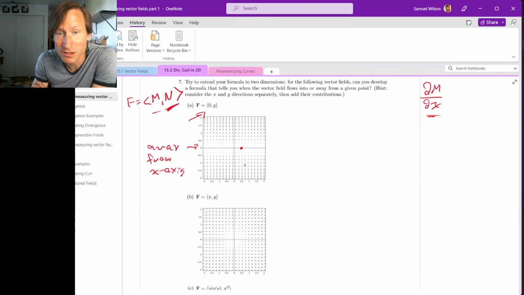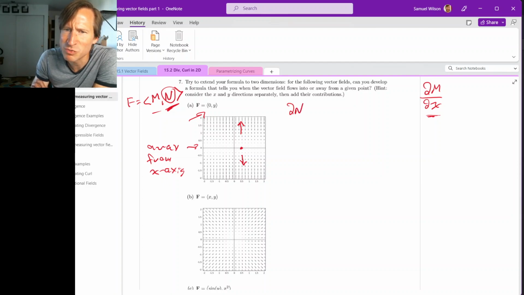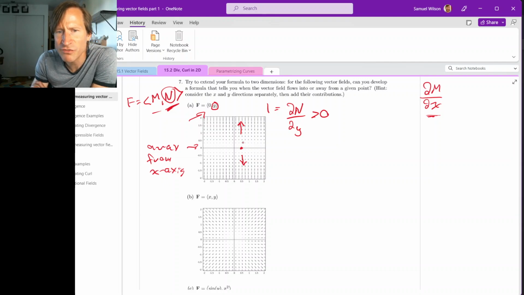In this example, below the x-axis it's flowing down, above the x-axis this vector field is flowing up, so the n function is increasing as we move upwards. The rate of change as we move upwards would be partial n partial y. For this example, partial n partial y is positive, actually 1, and that is causing flow to be away from the x-axis.